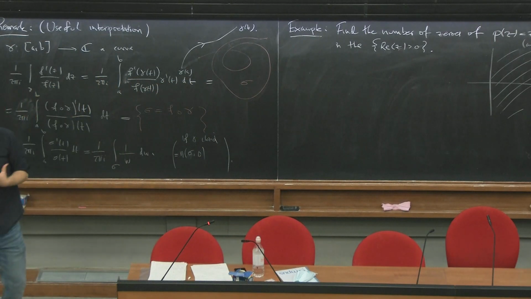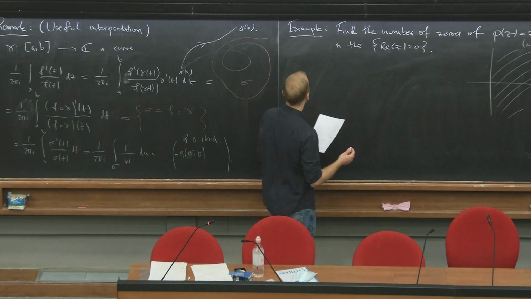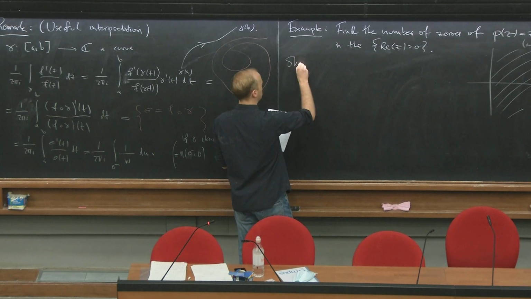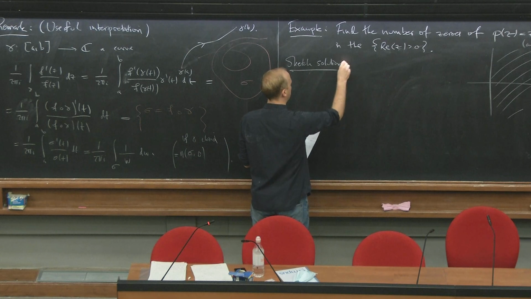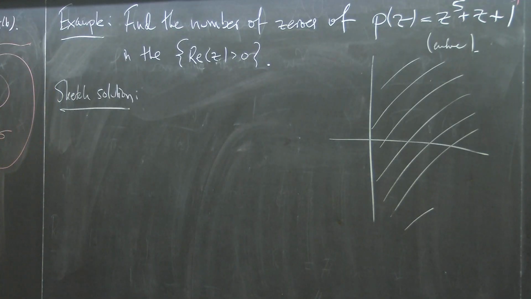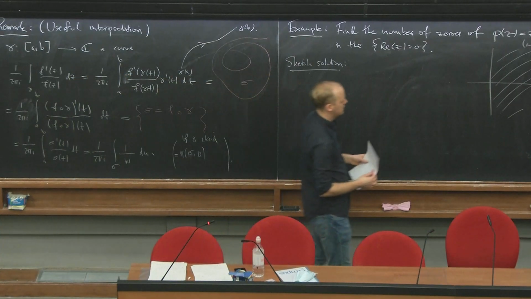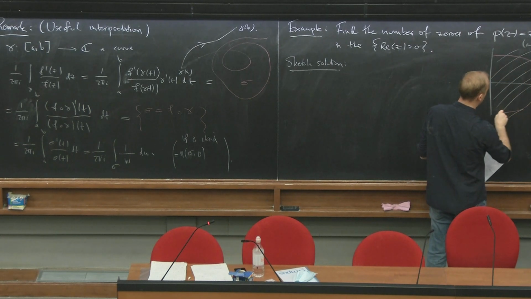Of course, because this is a polynomial, it's kind of easy to understand. So let me just sketch the solution. What we will do is consider a large half disk, or a large half circle, like this.